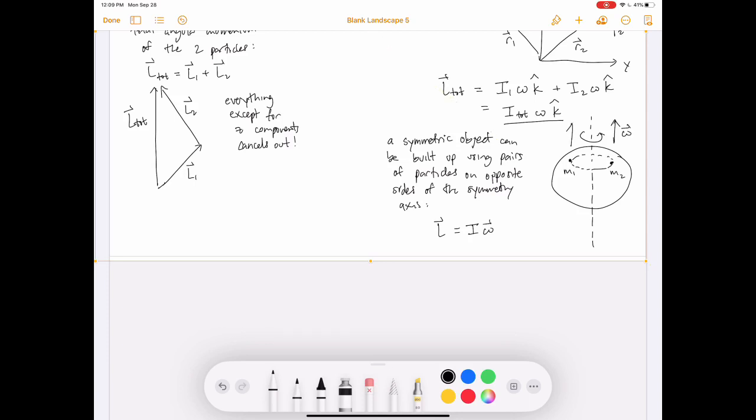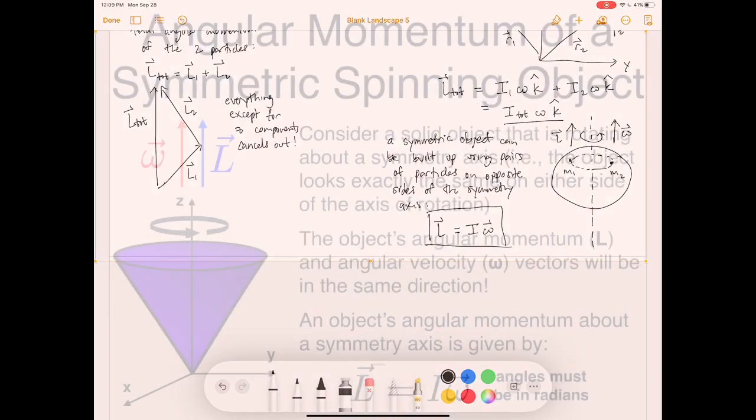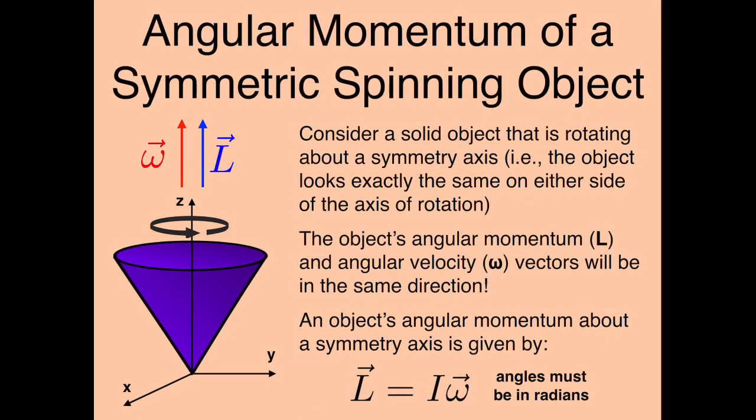So L is going to be pointing in the exact same direction as omega in this case. So this result that we derived, strictly speaking, applies to a symmetric object rotating about one of those axes of symmetry. And so here's the result that we derived.